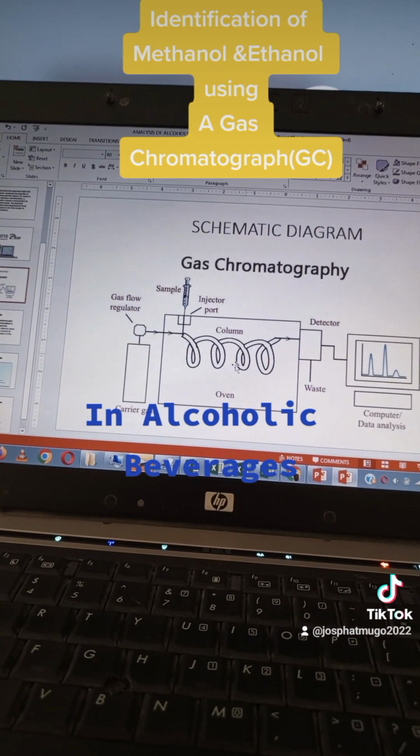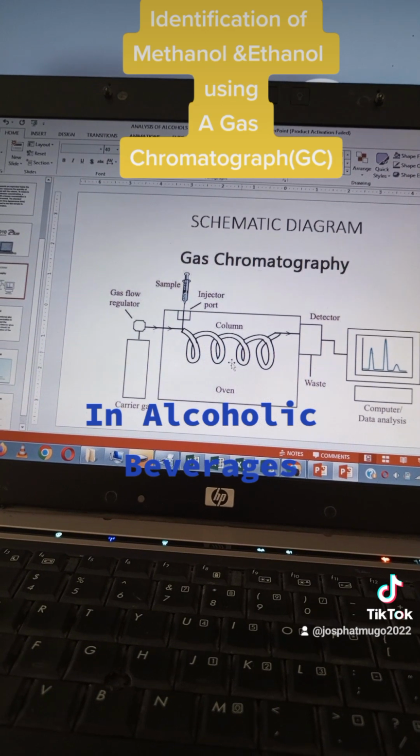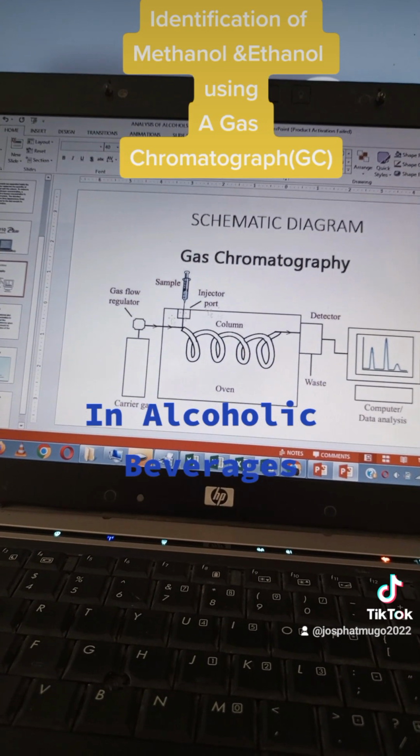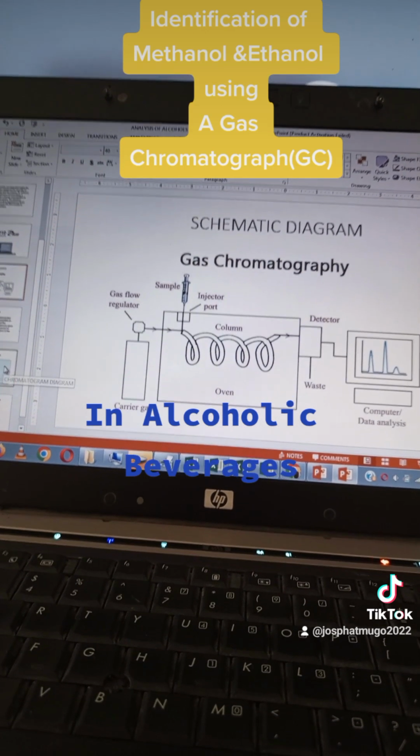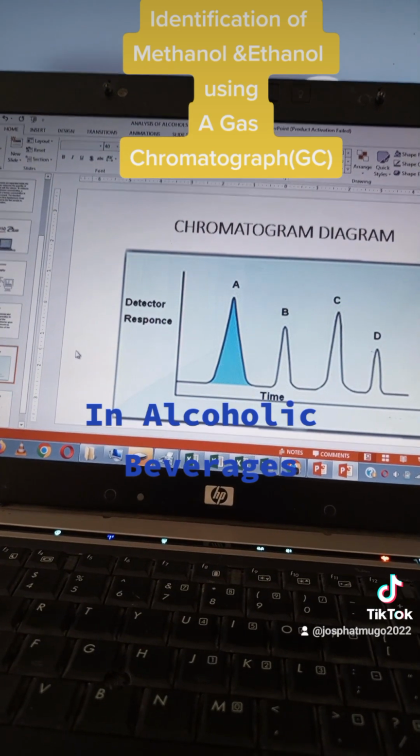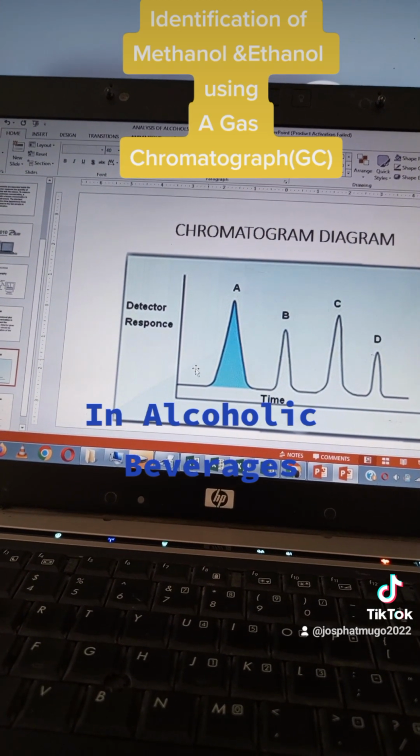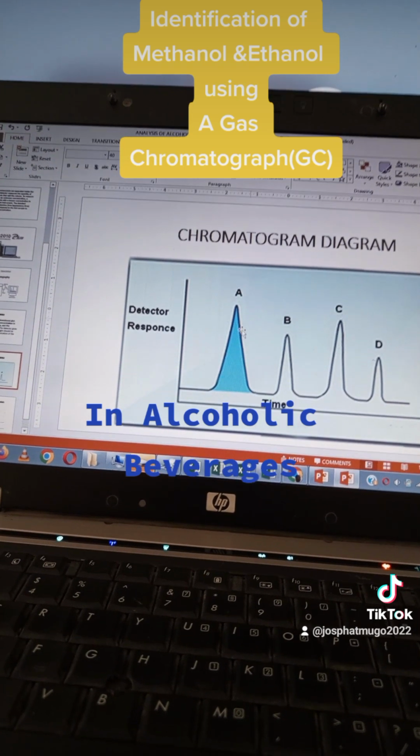Once an analyte has been eluted or comes out of the column, the detector detects and sends a signal, and that signal is amplified into a peak. This is a peak.